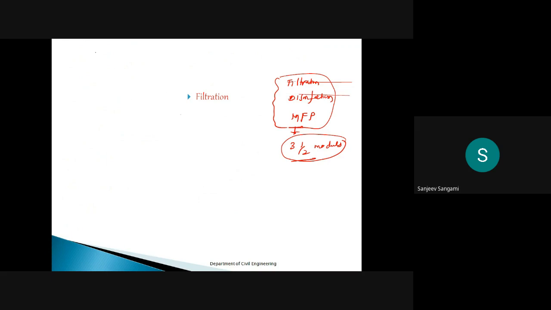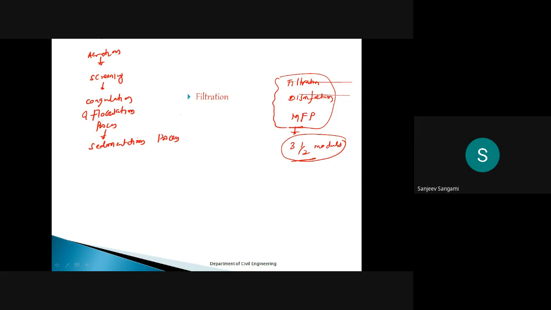So why is this filtration required? We already completed aeration, screening, coagulation, and flocculation, and then we completed the sedimentation process.